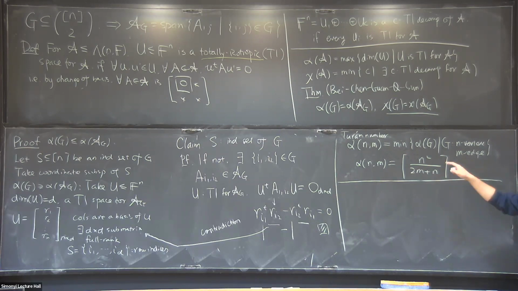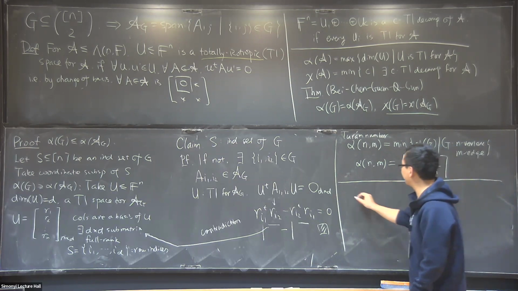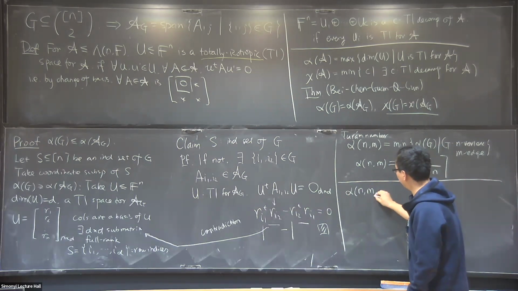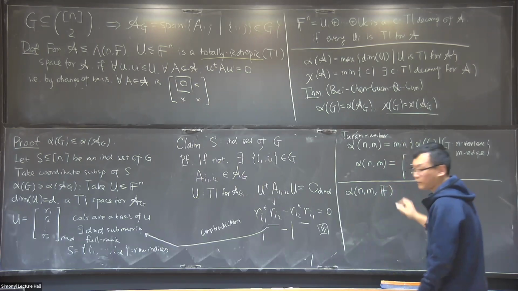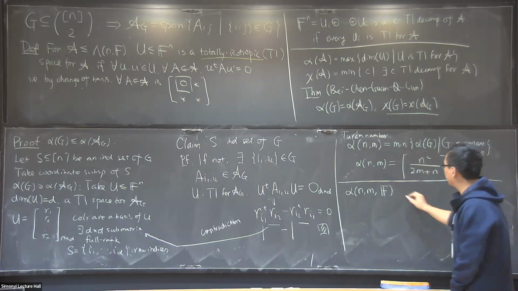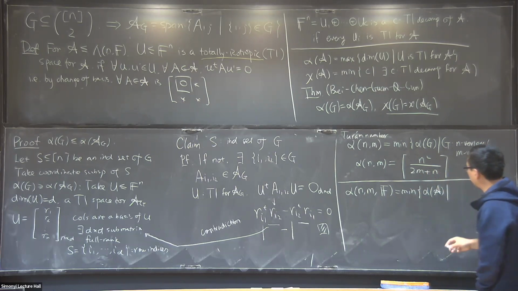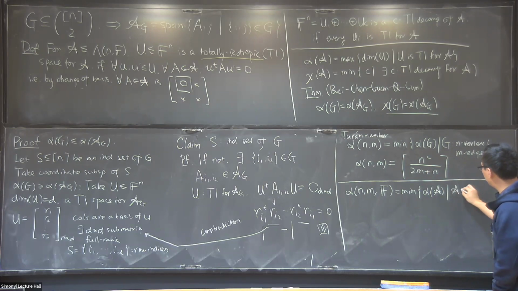Now you are probably going to see what I'm going to talk about in the matrix space setting. We can define some number called alpha(n, m), but now over a field F. Then I want to examine the minimum of alpha(A), where A is a subspace of Lambda^2(F^n), and the dimension of A is m.